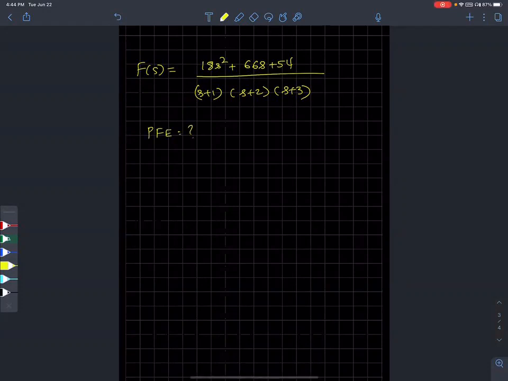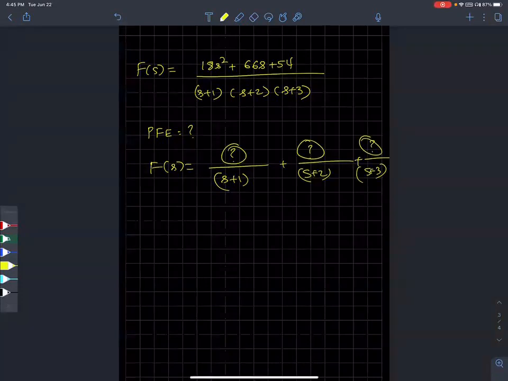And then there are fill in the blanks. F of s equals dash by s plus 1 plus dash by s plus 2. You're supposed to plug in values for that.